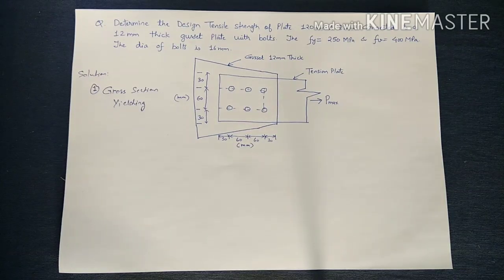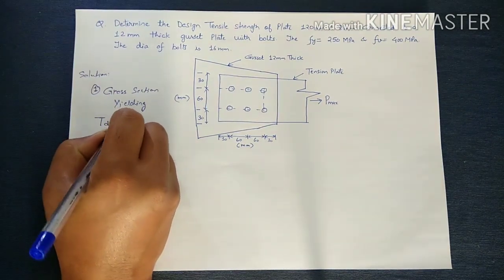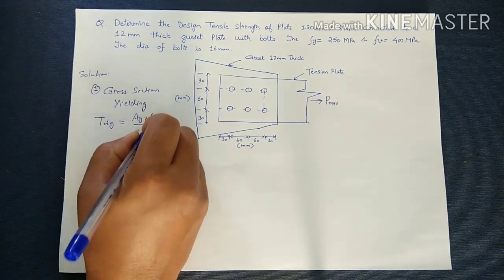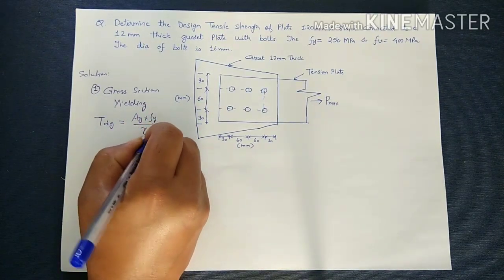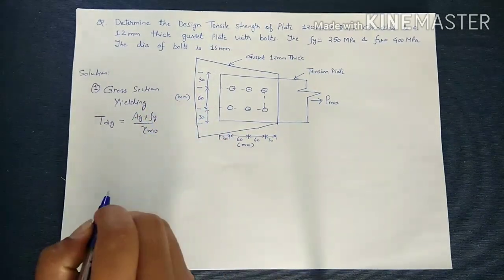Let's start with gross section yielding, which is the formula, that is TDG equals AG into Fy upon gamma m0. First we have to calculate the gross area of the plate.